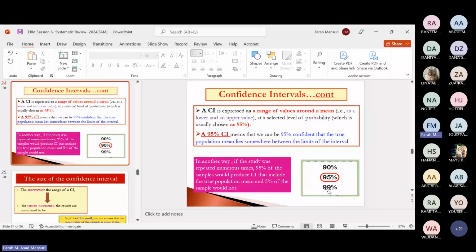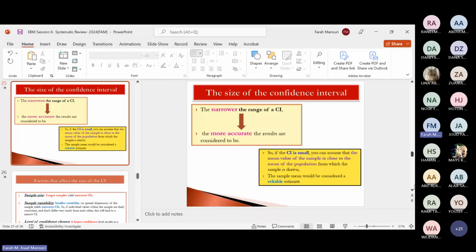This depends on whatever software you are using for the statistical analysis. So this tells you about the significance, then the size of the confidence interval, as we see by the lines of the forest plot. If it is narrow, then it is more accurate. That means the line has to be shorter to be more accurate.